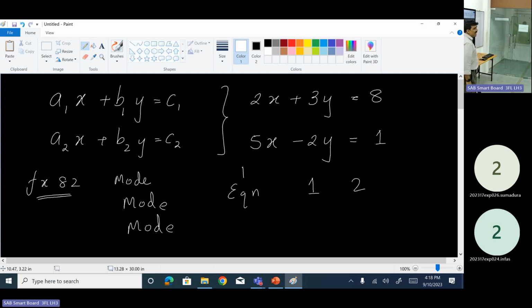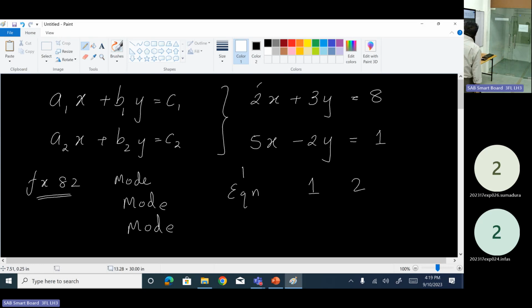It is asking for A1. That's why I wrote this, right? A1. Now here, first you have to see whether in all the equations the unknowns are appearing in the same order. So here, X, Y. Here also, X, Y, no issue. If there is a change, then you have to rearrange them in the same order.